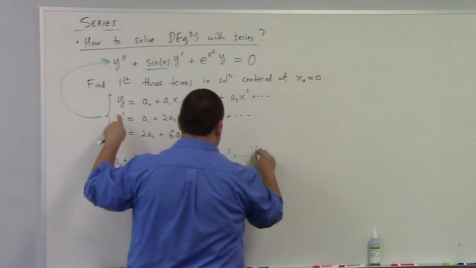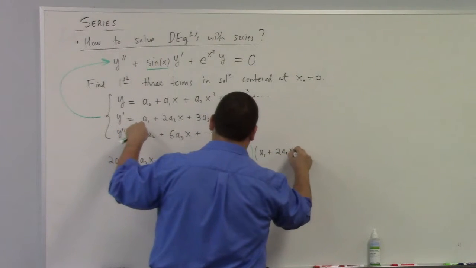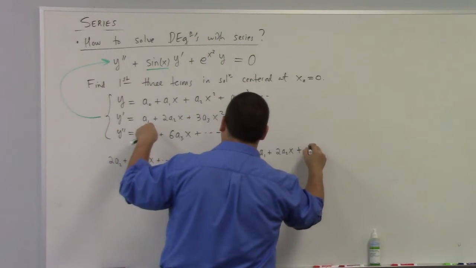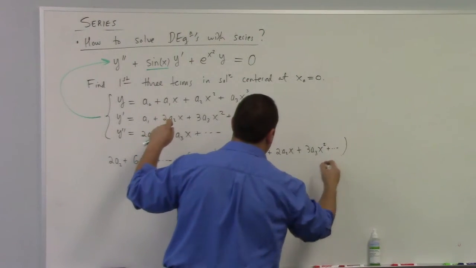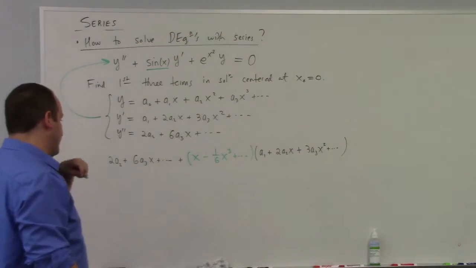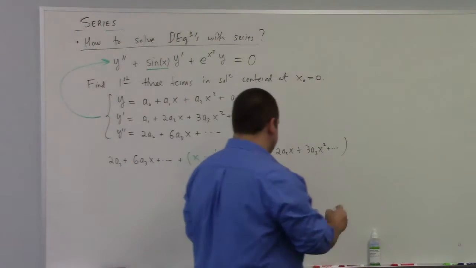So then the y prime is a1 plus 2a2x plus 3a3x squared. I'm writing more than I need to, okay? And then e to the x squared. What's e to the x squared?